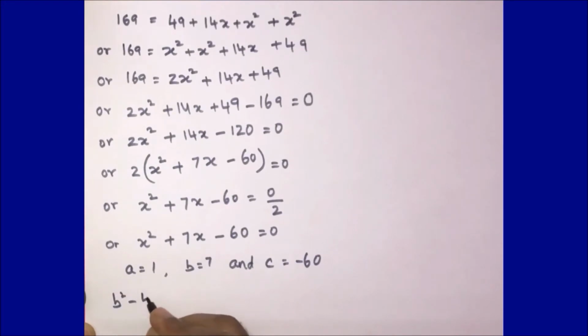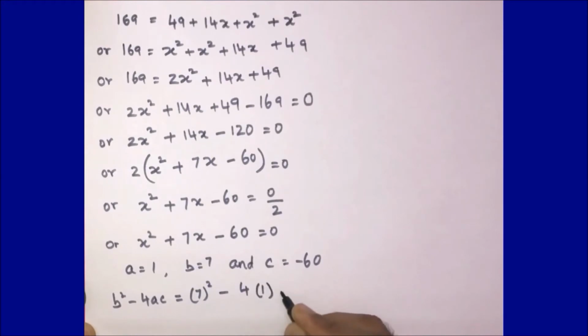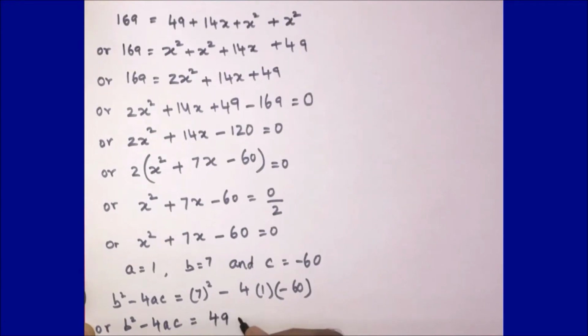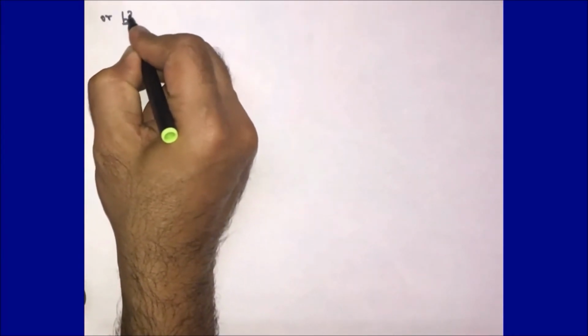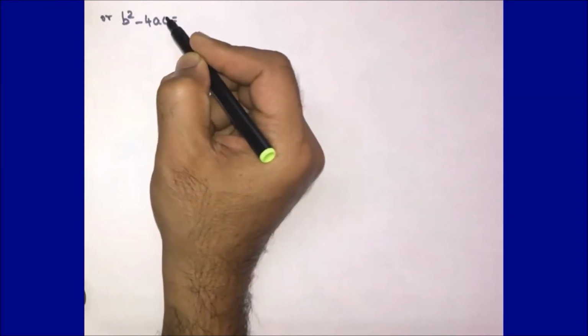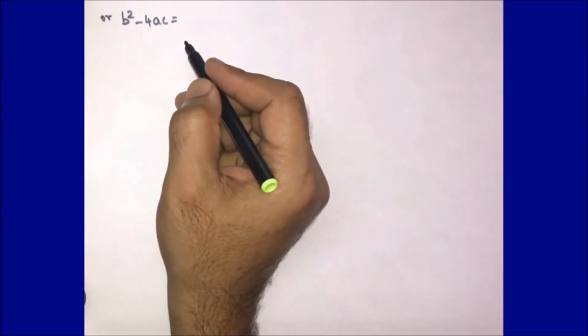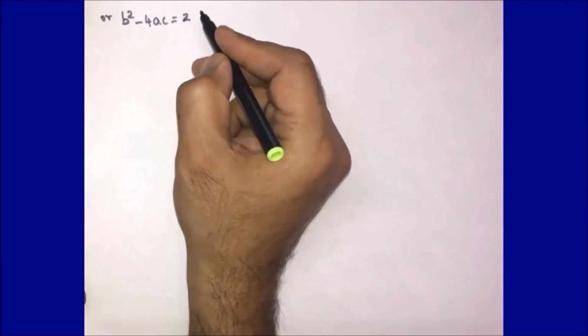Now b square minus 4ac, because the discriminant is nothing but b square minus 4ac, is equal to 7 square minus 4 into a into c, which is equal to 49 plus, because here it is minus 4 and minus 60, it becomes plus 240. 4 6s are 24, so we got b square minus 4ac is equal to 49 plus 240, which is 289.